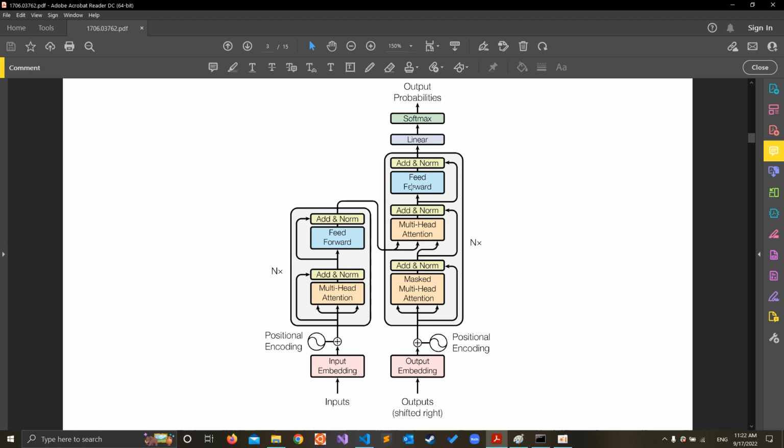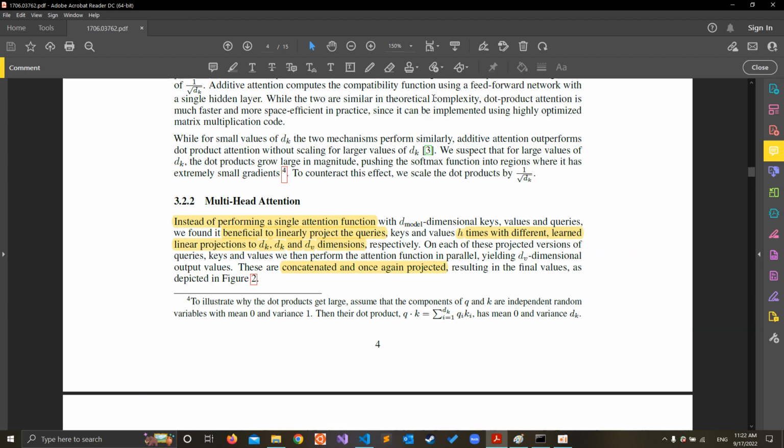The other parts are not what we are going to implement, because the libraries and frameworks that we are using, which are TensorFlow and PyTorch, have feed-forward neural networks. They have add and normalization, softmax, and linear layers. So this is not that hard.